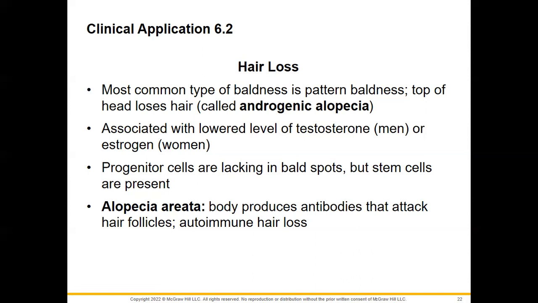The body stops seeing the hair follicles as its own self, starts looking at them as a foreign invader, and attacks them because we don't want foreign invaders in the area. So these are two types of hair loss: androgenic alopecia, which has to do with hormone levels, and alopecia areata, which is an autoimmune disease.